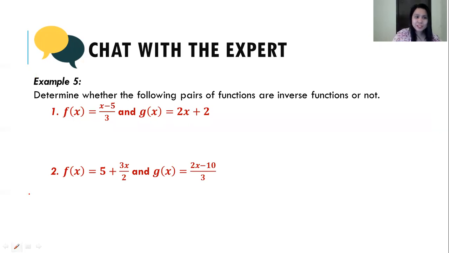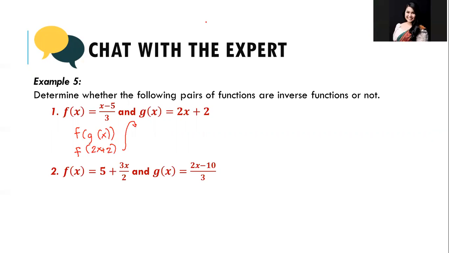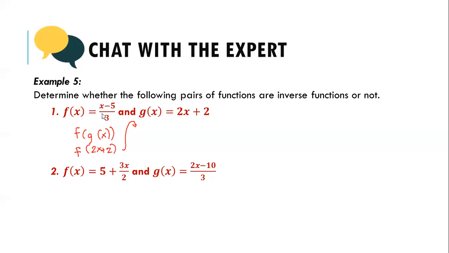Let's start first with f of g of x. What's our g of x? That's 2x plus 2. It means that you will substitute 2x plus 2 to this one.